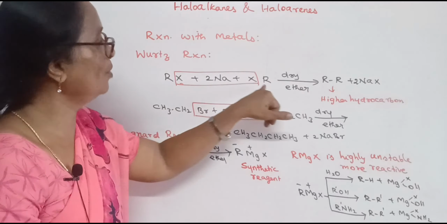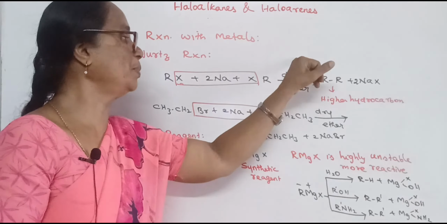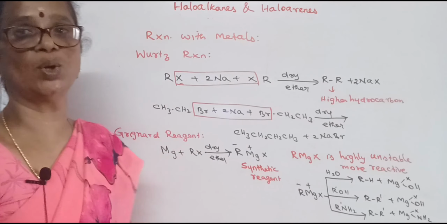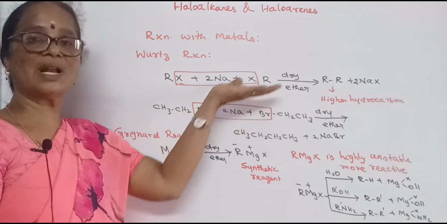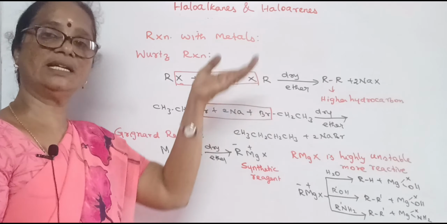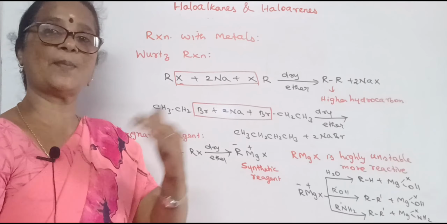So when two similar alkyl halides are treated with sodium metal in the presence of dry ether, it gives the higher member of hydrocarbon, in which the number of carbons increases. Wherever a reaction involves an increase of carbon atoms, those reactions are said to be step-up reactions.